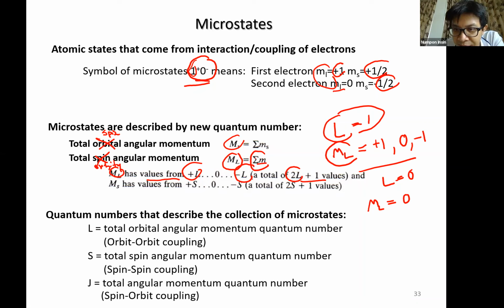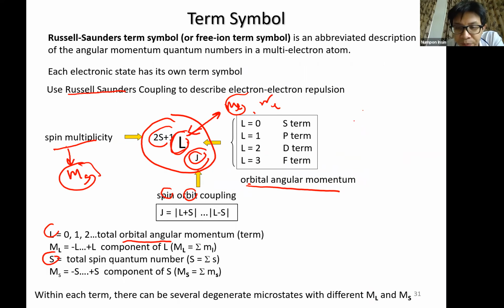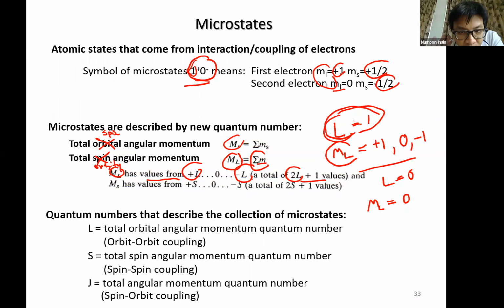Okay, so you found 15 possibilities, and you find the ML and MS of the system, and then you find the sigma ML, and from the sigma ML you can get the L value that you can use to write the term symbol. Okay, so don't worry about it yet.